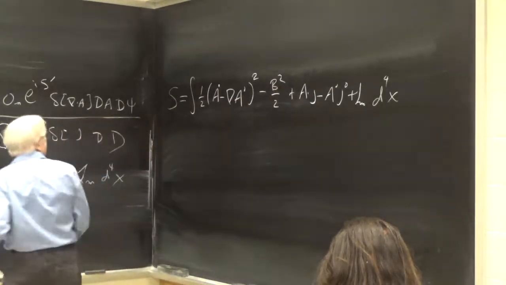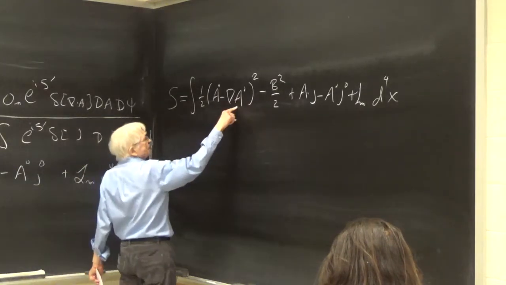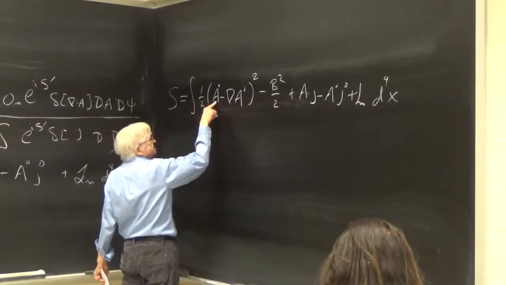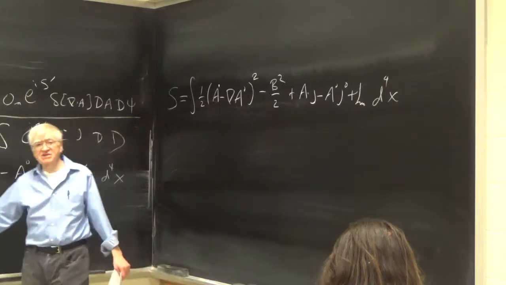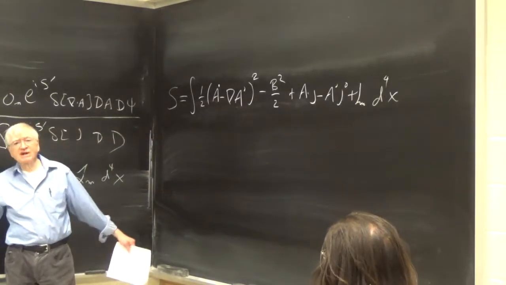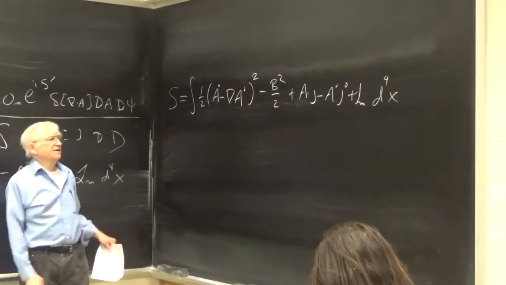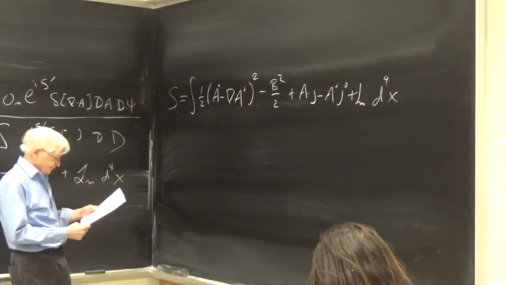In other words, we already had the square of this term, and the cross term is what we just added in because it's really 0 because of the Coulomb gauge condition.